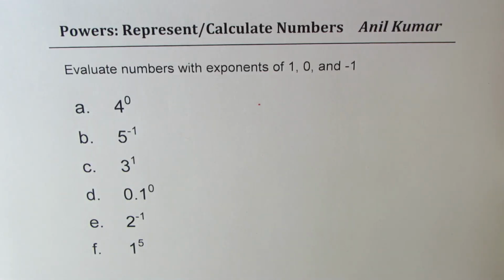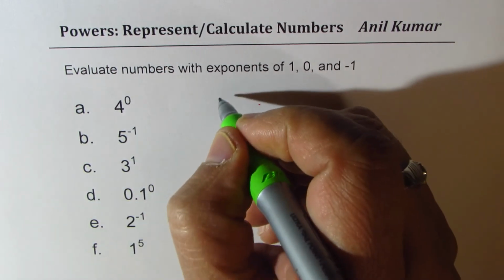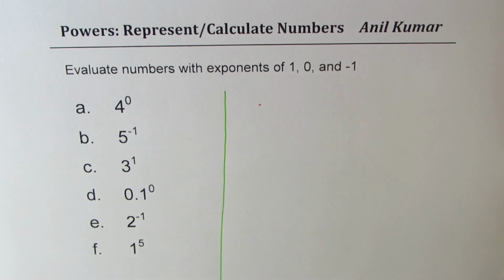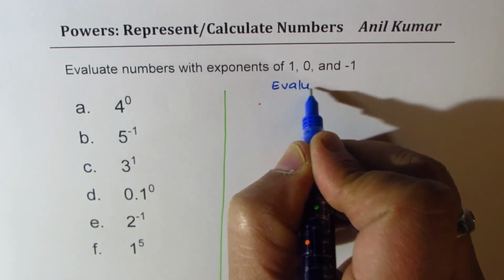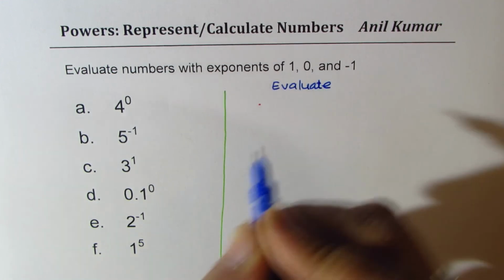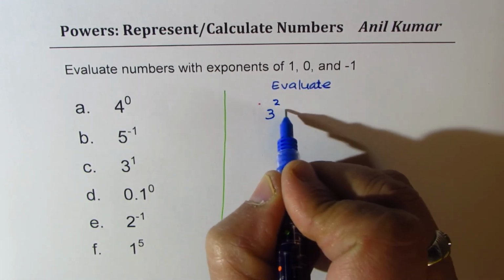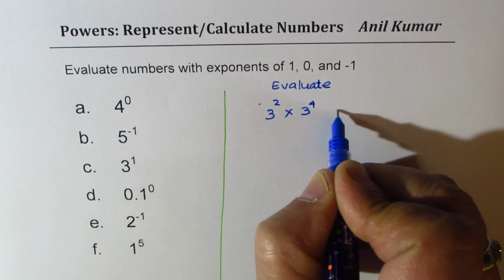Now here is the practice test for you. I would like you to copy these questions. They're all to the powers of 1, 0 and minus 1. So write down their answers. Correct? Now I will add some more questions based on the rules which we learned. So you need to evaluate 3 squared times 3 to the power of 4 equals what?